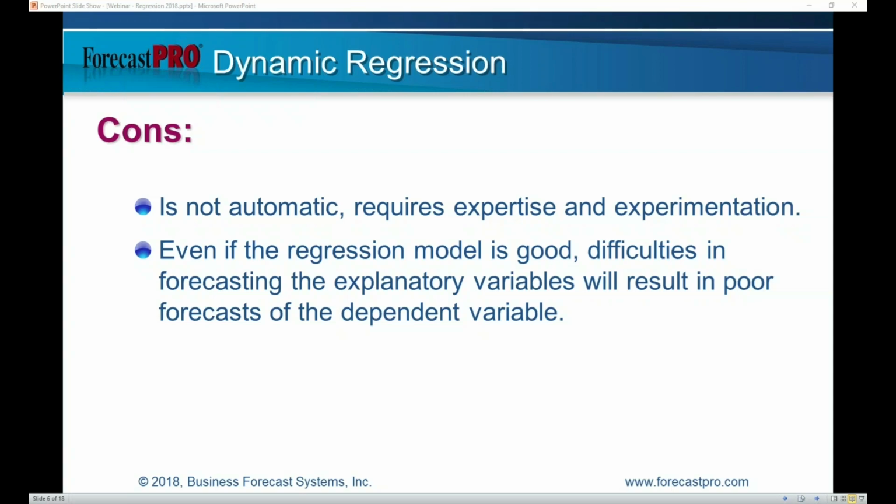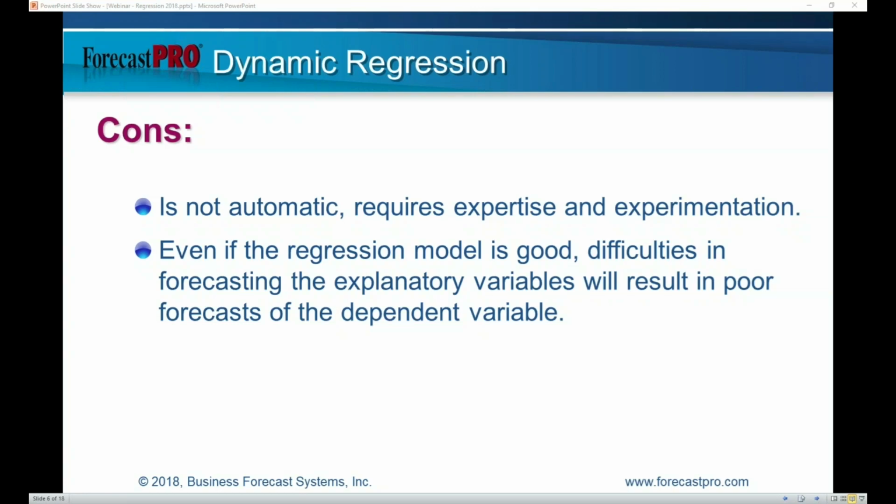It may be harder to forecast interest rates than to actually forecast my sales. And if I don't do a good job forecasting interest rates, I'm going to have poor forecasts of my sales. So this is really the downside, which is, again, it's not enough to just know there's a relationship.